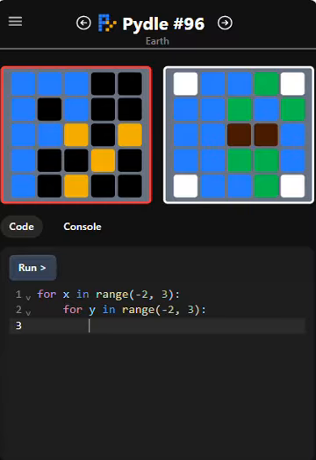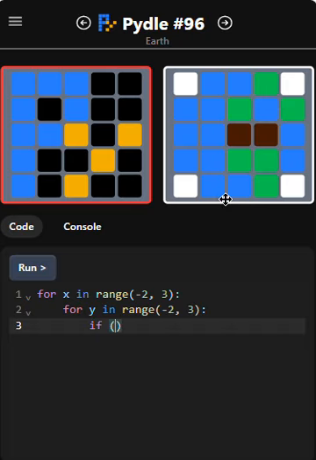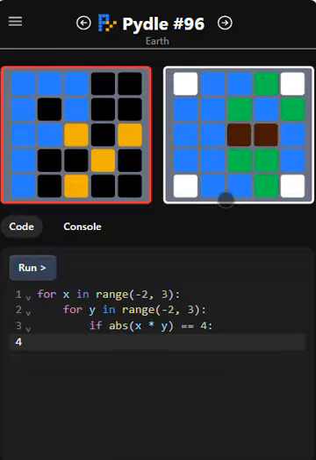Okay, let's do the white pixels first. And that's going to be where the absolute value of x times y equals 4. So in the corners, x and y would be either minus 2 or 2, so the absolute value of that is always going to be 4.